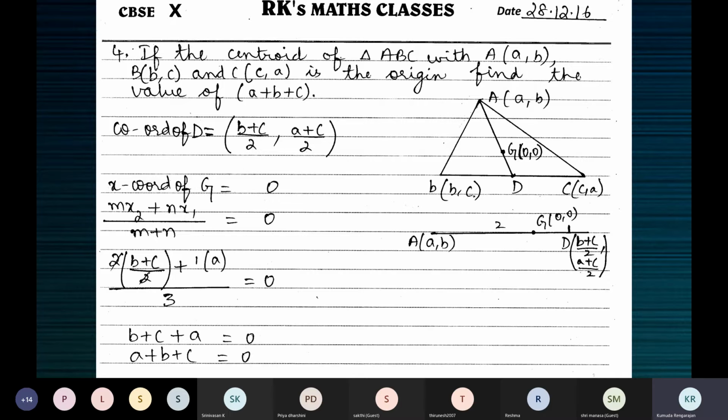Ma'am, y1 plus y2 plus y3 by 3. What is y1 here? Ma'am, B. Y2? C. Ma'am, A plus C by 2? Why C by 2?